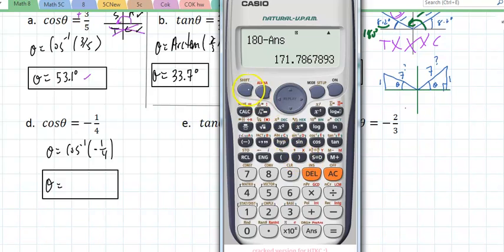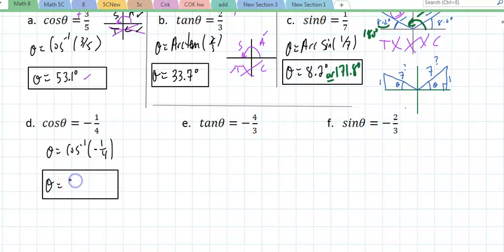If I take the inverse cosine of negative 1 divided by 4, this is telling me it's 104.5 degrees. Well, let's see. Does that make sense? I'm allowed to be between quadrant 1 and 2 only, because 0 to 180 is right there.